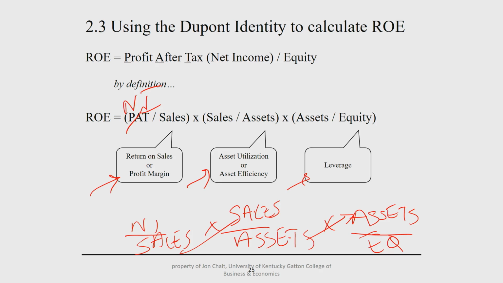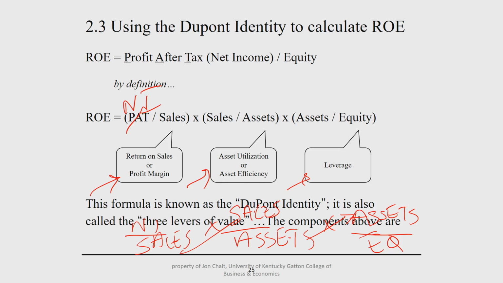And leverage we've talked about, which is telling us how much of our company is financed with debt and how much with equity. So some people call this the three levers of value. It's a way that companies can think about improving ROE.